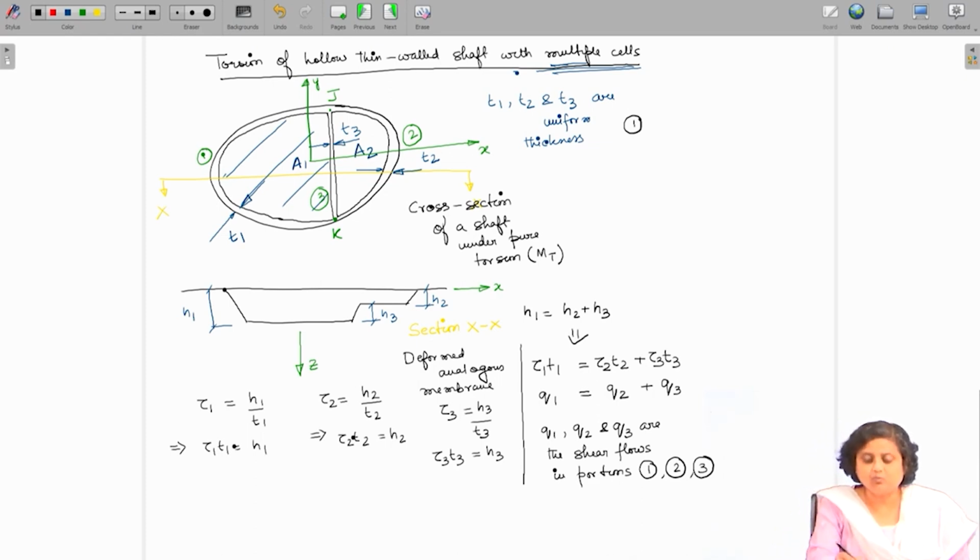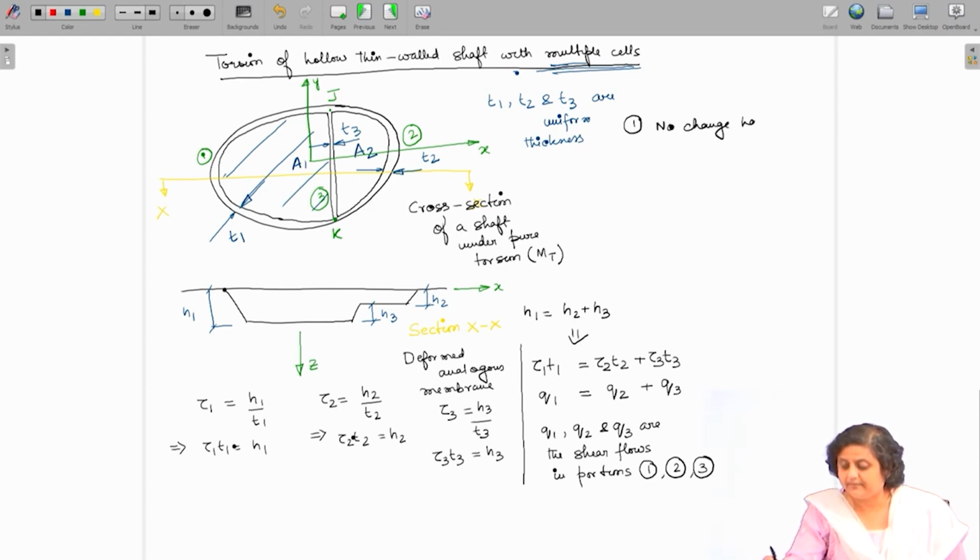So, for portion 1, I have a single value of the shear flow. So, no change happens to the shear flow in the portion between two junctions.